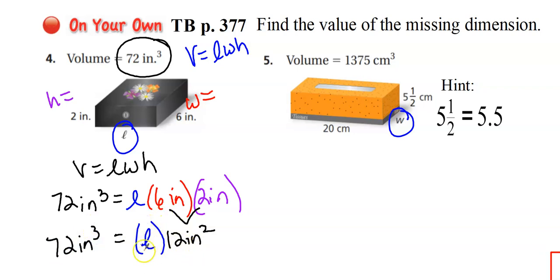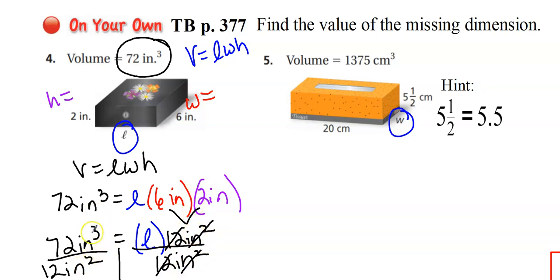I look at the side with the variable, I draw my balance scale, I do the opposite of multiplying by 12, which is dividing by 12. And I'm even going to divide the units because remember, units cancel out too. It's pretty cool. So the 12 and 12 cancel out, the inches squared cancel out.